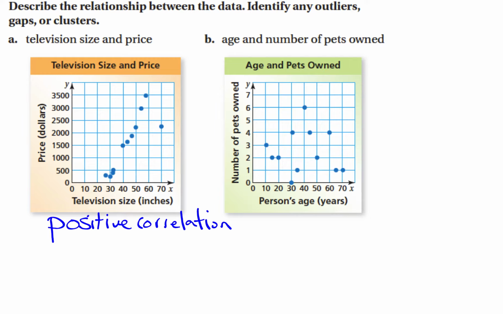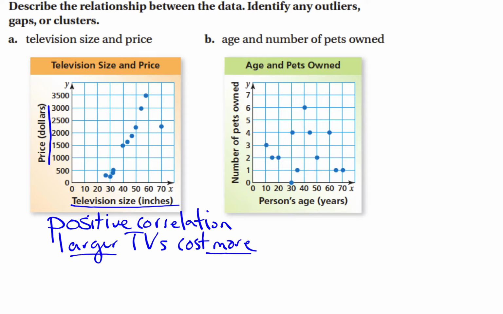I'll just say it out loud. As television size, well, TVs that are larger tend to cost more. Actually, I'm going to go ahead and write that. Larger TVs cost more. Okay, larger shows an increase, costing more shows an increase. So this is positive correlation.